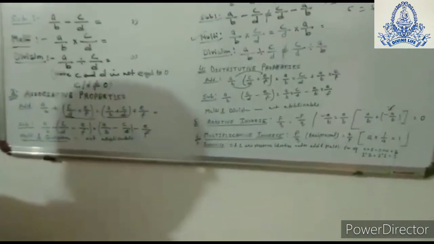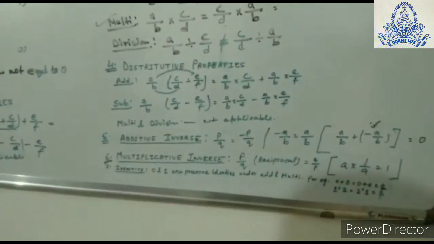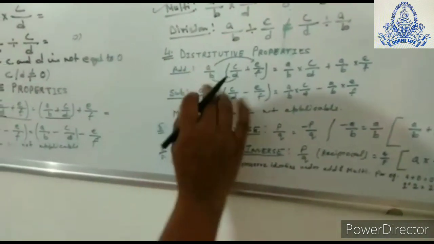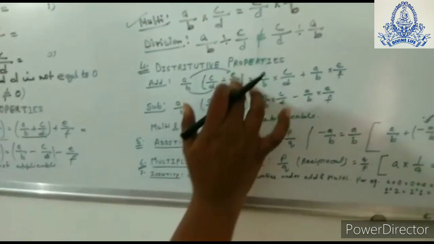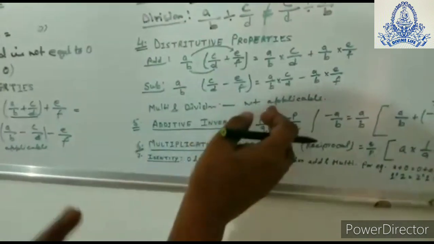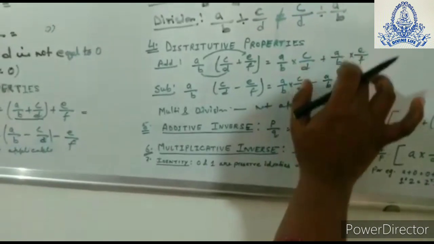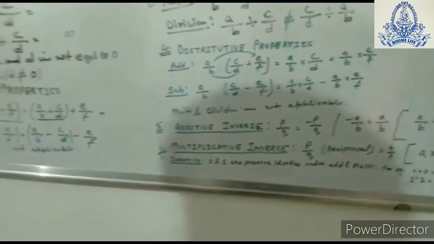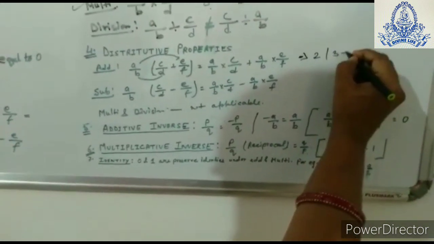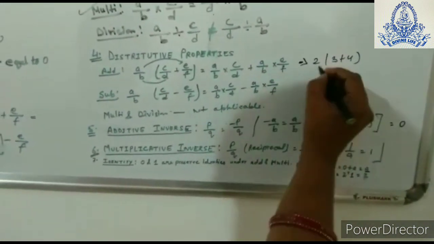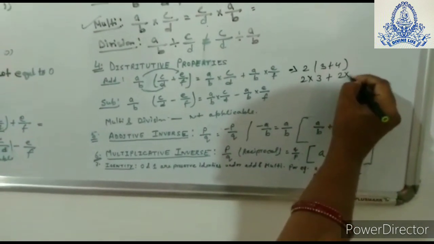Now come to the last property, the distributive property. In distributive property, under addition, A upon B is multiplied with C upon D plus E upon F, which is equal to A upon B into C upon D plus A upon B into E upon F. For example, if we multiply 2 with 3 plus 4, we get 2 into 3 and 2 into 4.